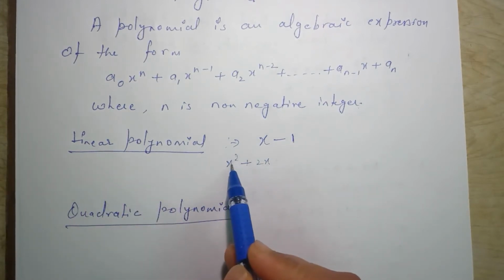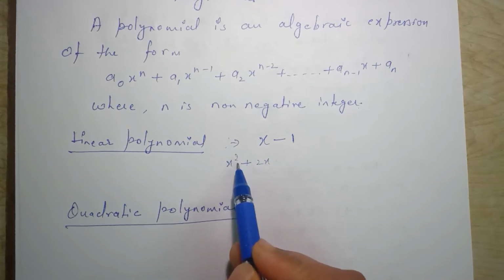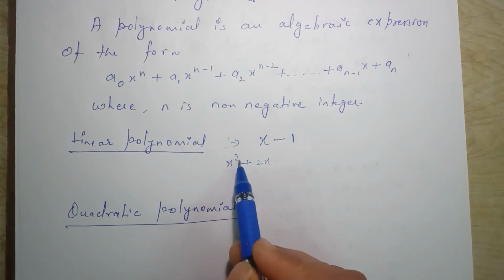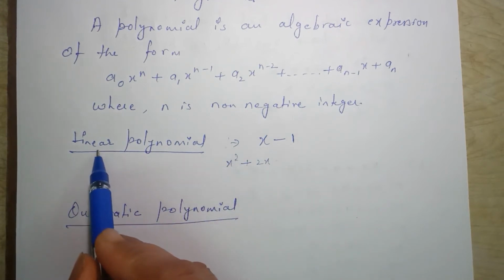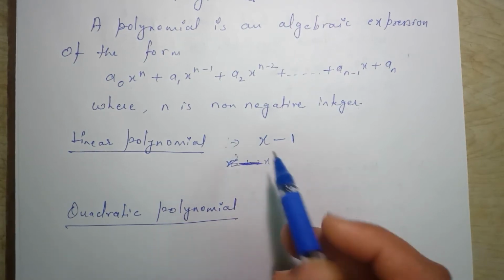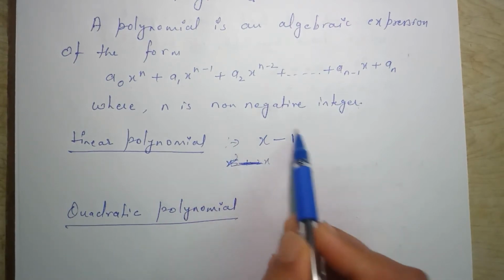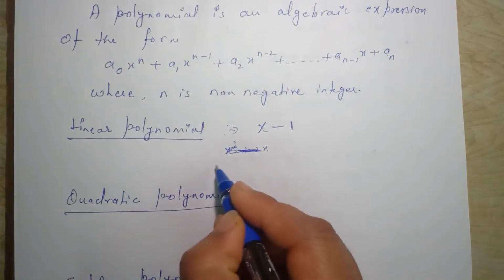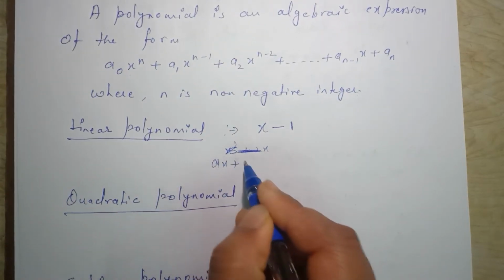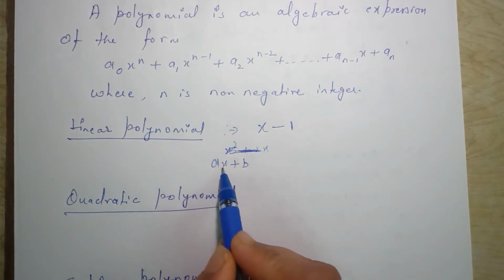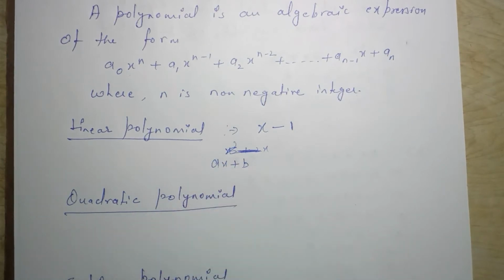Because the highest power of x over here is 2, or we can say the degree of the polynomial is 2, and degree 2 is not called linear, but it is called quadratic. So linear polynomials are those polynomials in which the degree is 1, and the general form is ax plus b. The general form of a linear polynomial is ax plus b.